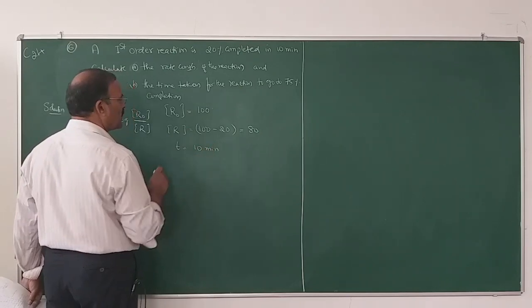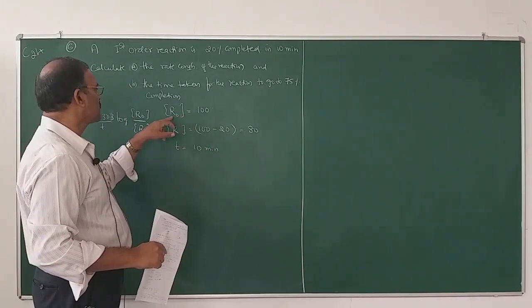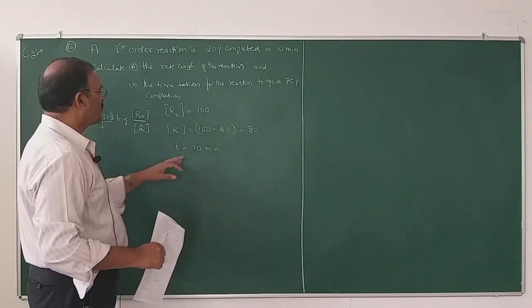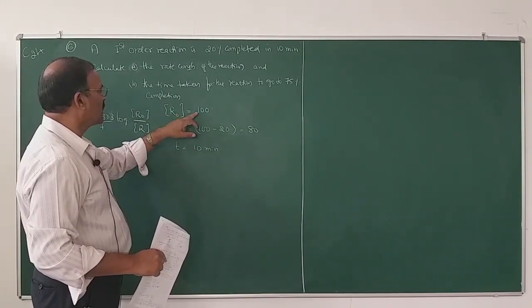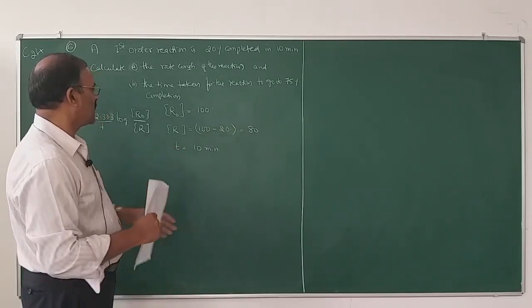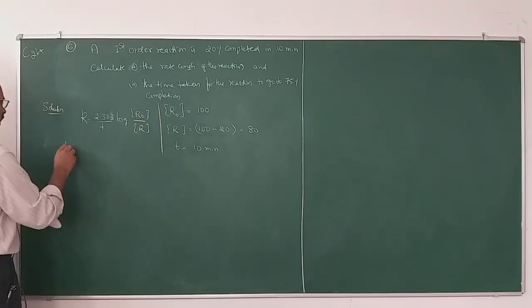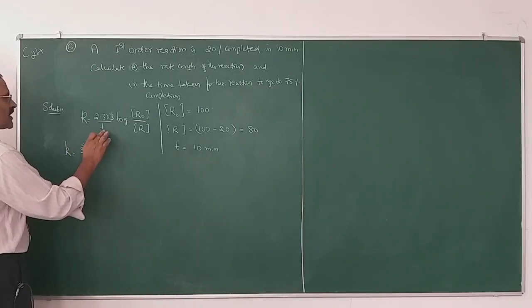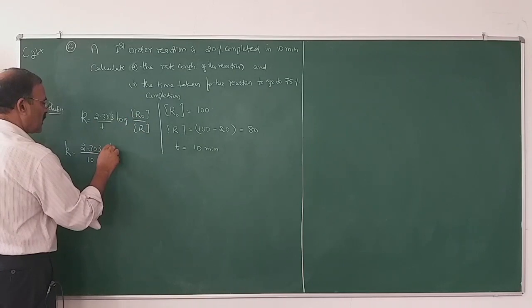So in 10 minutes, initial concentration of the reactant is 100%. After 10 minutes, initial concentration 100 is reduced to 80% and 20% is completed. So what is K now? K equals 2.303 by what is time? 10, into what is initial concentration?